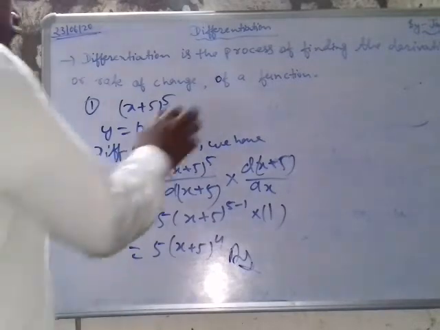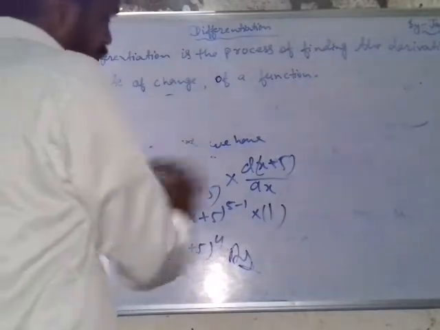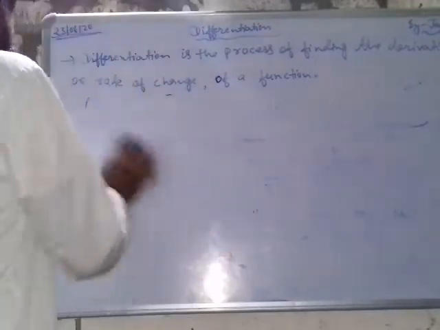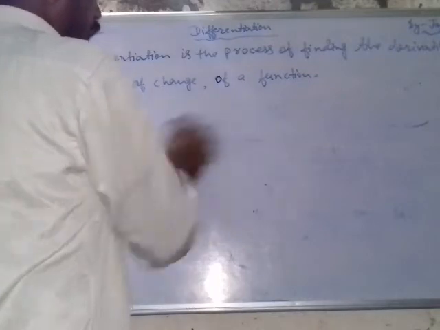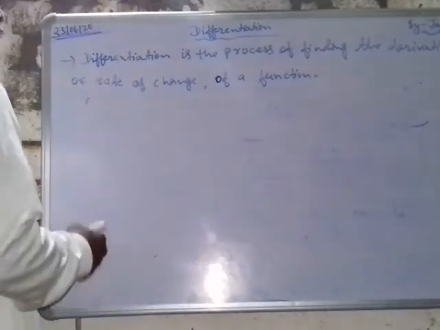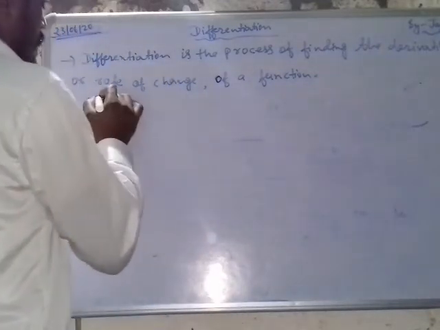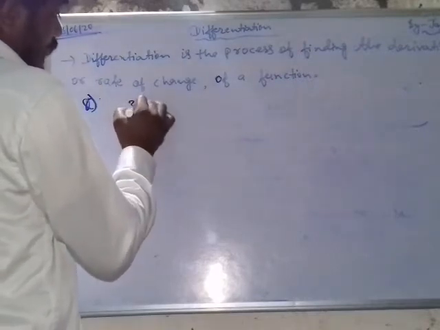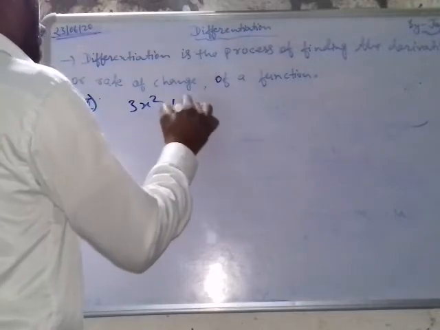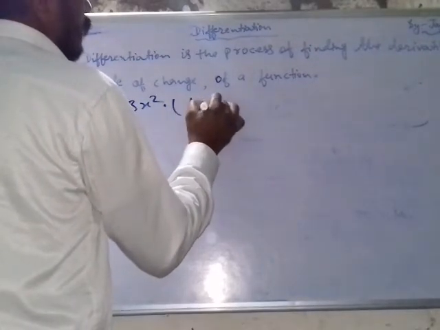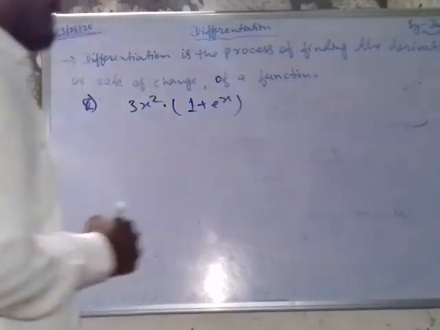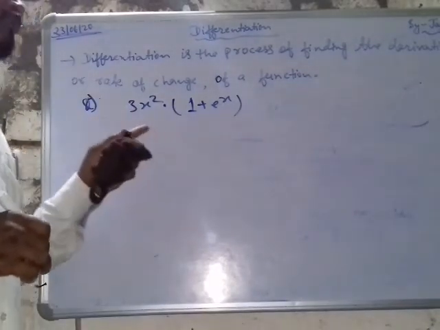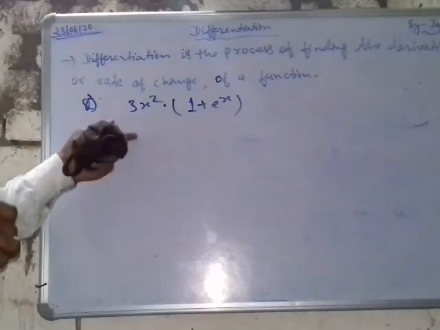Now more examples for derivative. We write the question: 3x square into 1 plus exponential x, and we have to find the derivative of this function.